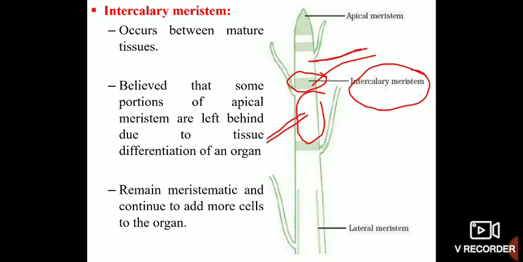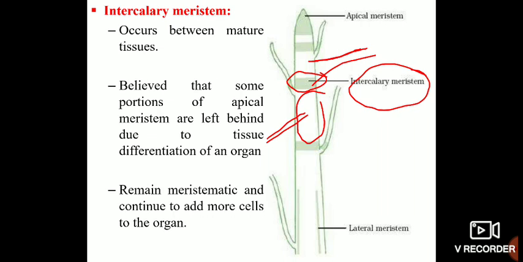Okay, I will repeat. The intercalary meristem arises from the apical meristem when the apical meristem forms the plant organs, and in these organs some of the cells remain meristematically active and function as intercalary meristem.